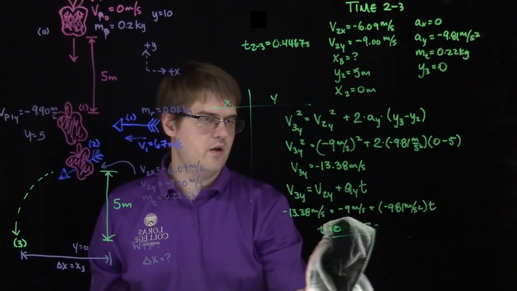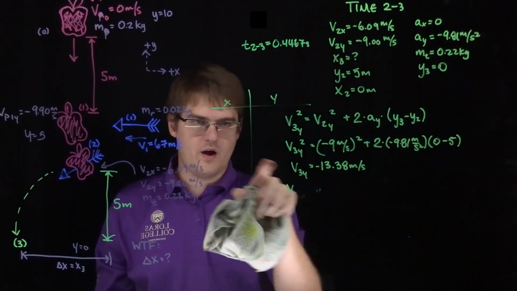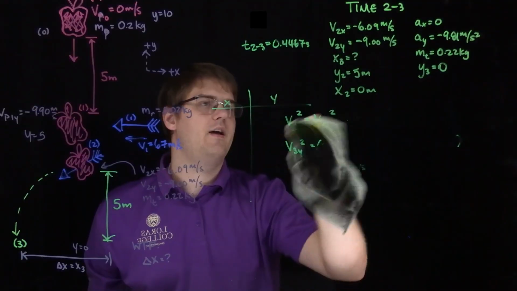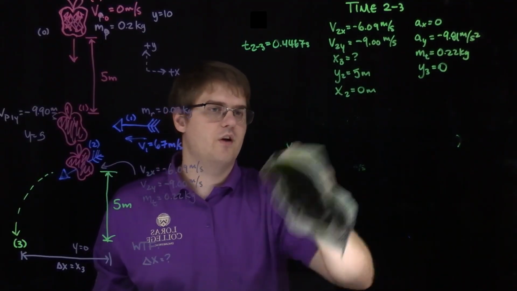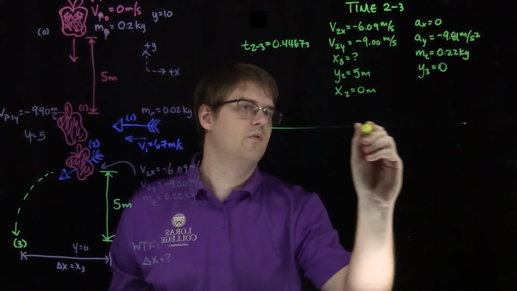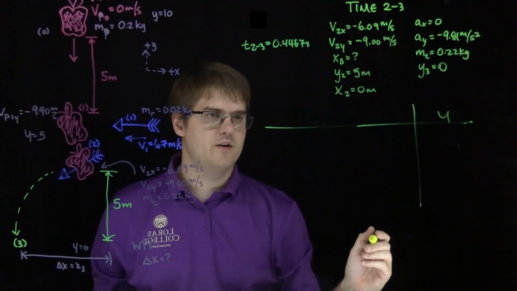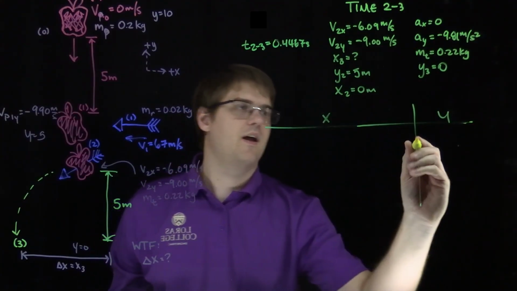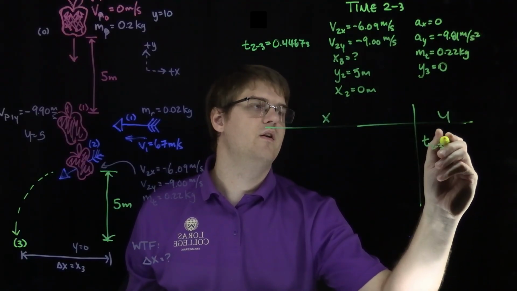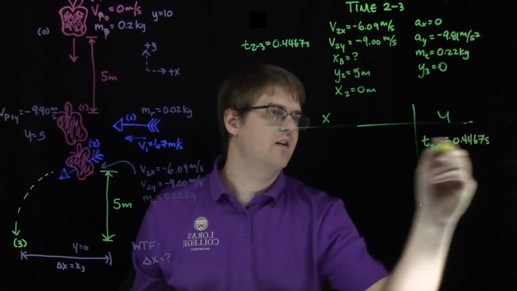And I'm going to go ahead and erase that. And that time is what can move across this line between y and x. So now in this case, I have my x to solve for because I want my final x. I've got y over here, which I'm already done with. I've got my x. I have my time that I just found between 2 and 3, which was 0.4467 seconds.